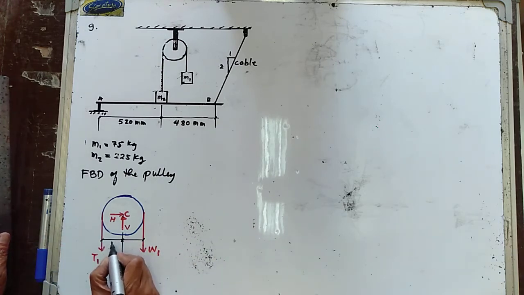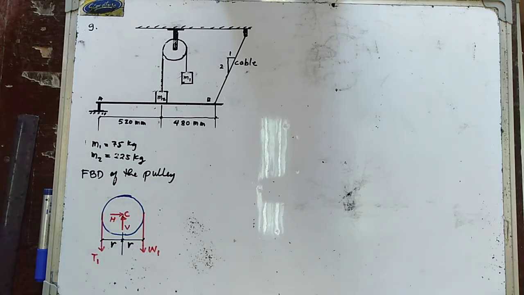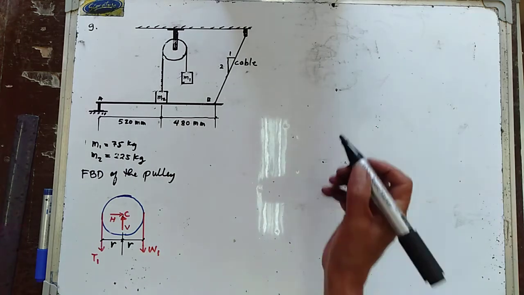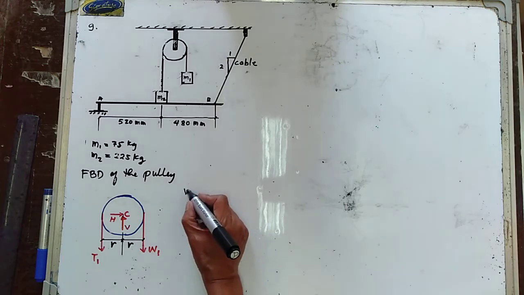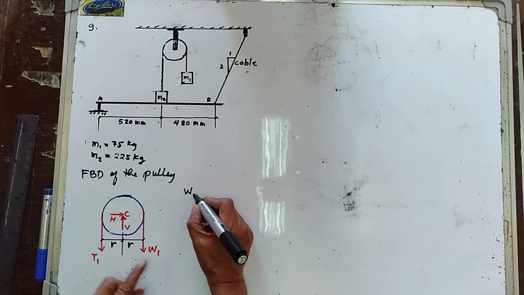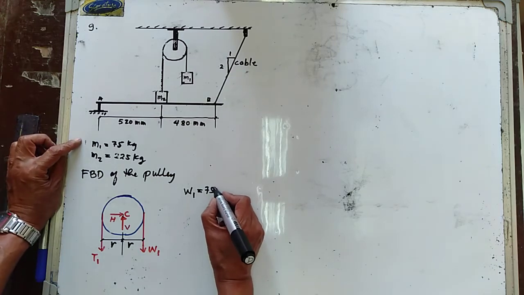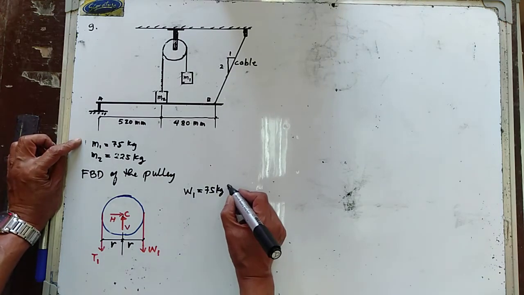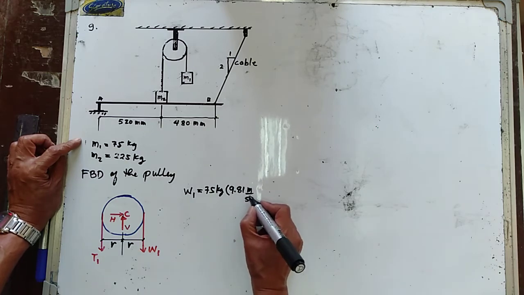First, let us determine the weight of the pulley, the weight of this mass, which is equal to W1, is M1, 75 kilograms, multiplied by 9.81 meter per second square.